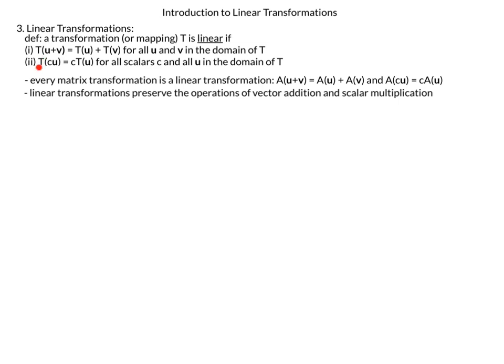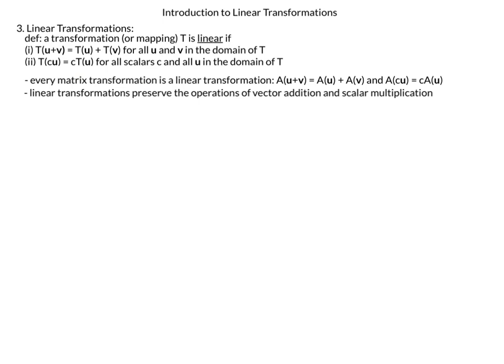2. The transformation of a scalar times the vector is equal to the scalar times the transformation of the vector, or T of Cu is equal to C Tu for all scalar C and all u in the domain of T. So again, it's the idea that it preserves addition and scalar multiplication, so it kind of behaves in a nice way, not some unexpected way.